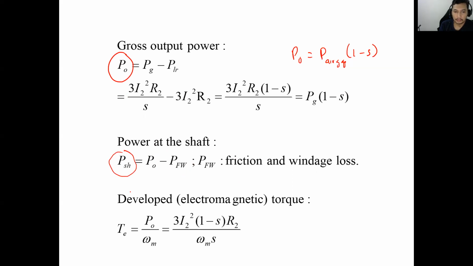Okay, and then we also have the developed torque. The developed torque you can calculate by using P out over the speed, and this speed must be in radian per second. Okay, so to change from RPM into radian per second, you just multiply the motor speed in RPM by 2 pi over 60.